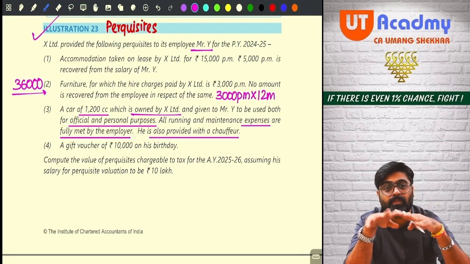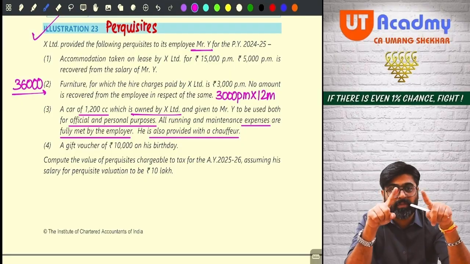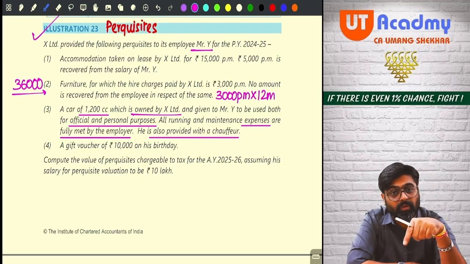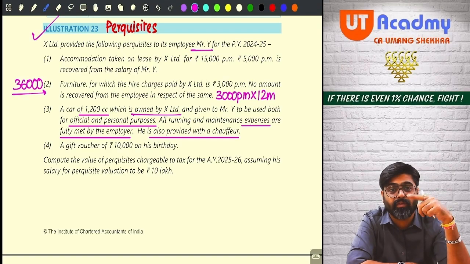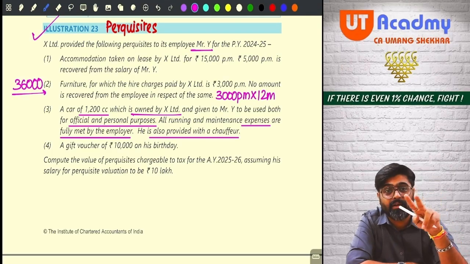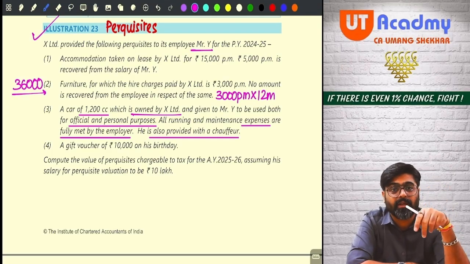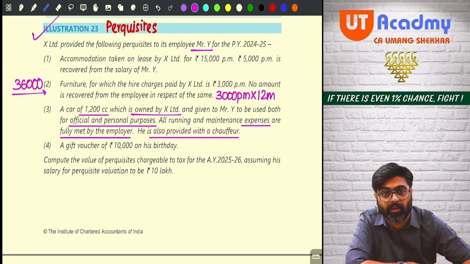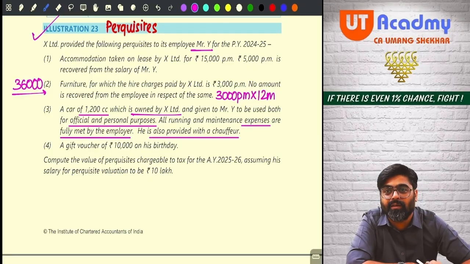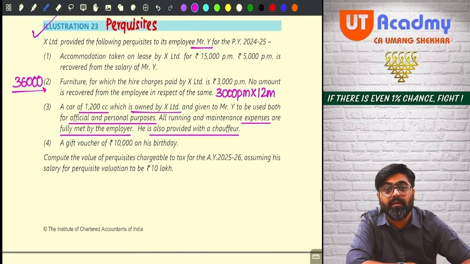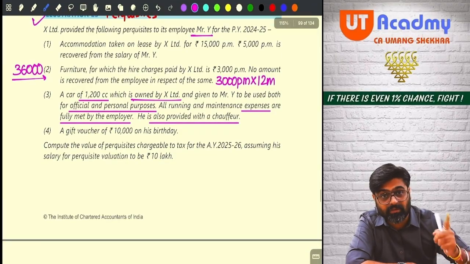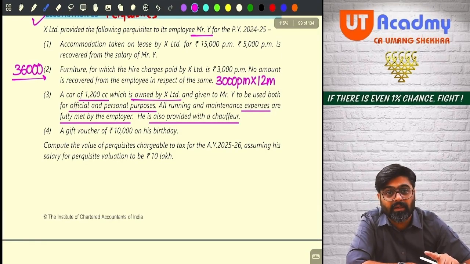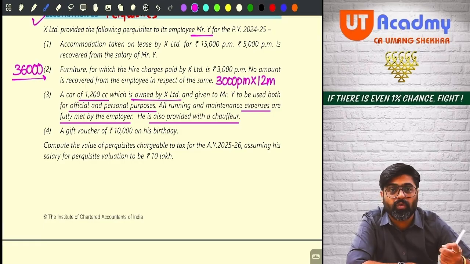But this car is used partly official, partly personal. So this benefit need not be calculated. A fixed amount is taxable. And that fixed amount will be 1800 or 2400 depending on the engine capacity. Plus 900 extra you will have to do because the driver's salary is also paid by the employer. So how much will be taxable? 1800 because the engine capacity was less than 1600 cc plus 900 also, meaning that 2700 per month into 12.